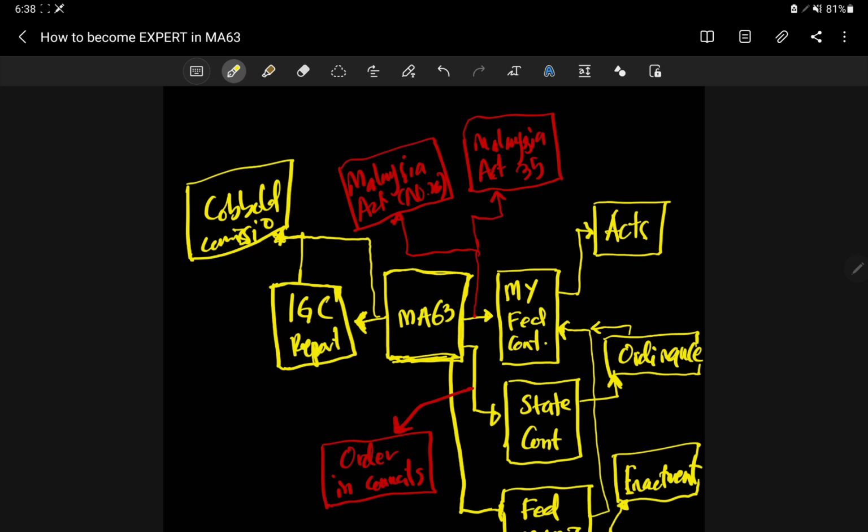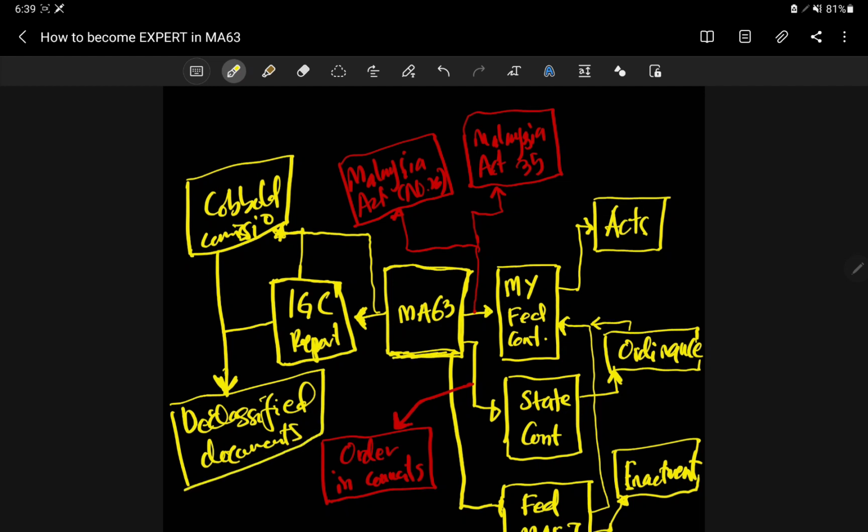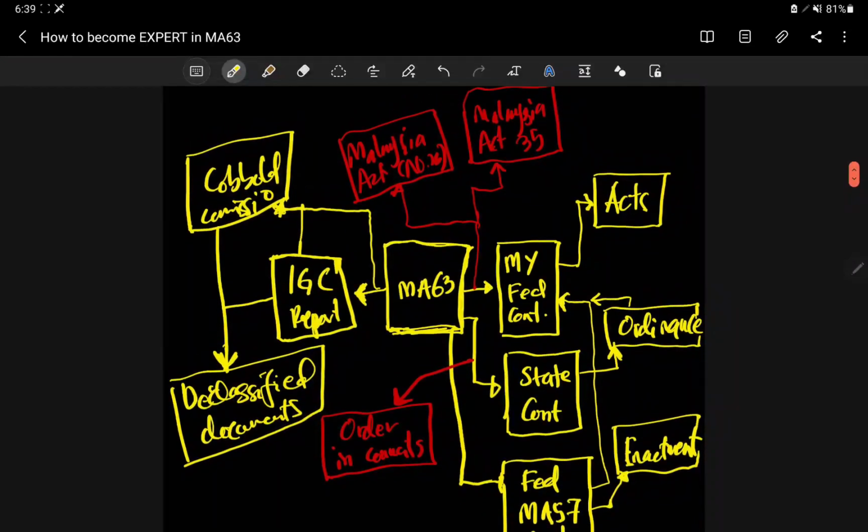So after we look at the Cobbold Commission and the IGC report, there is another document that you can look at, which is the declassified documents. All these declassified documents will tell you a lot of information, a lot of documents that were classified in the past, so that you can understand the historical perspective and very detailed information about the IGC report, the Cobbold Commission, and MA63.